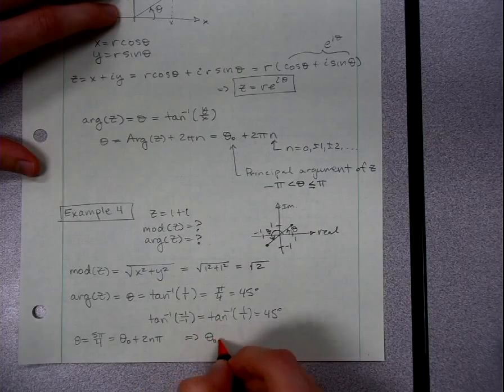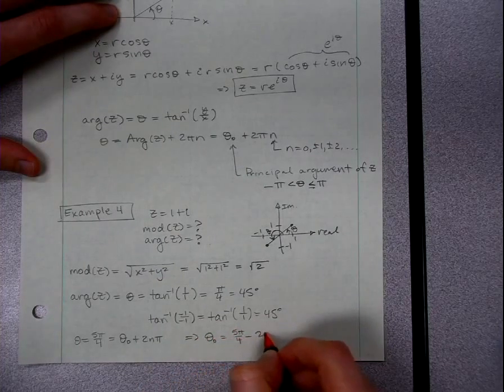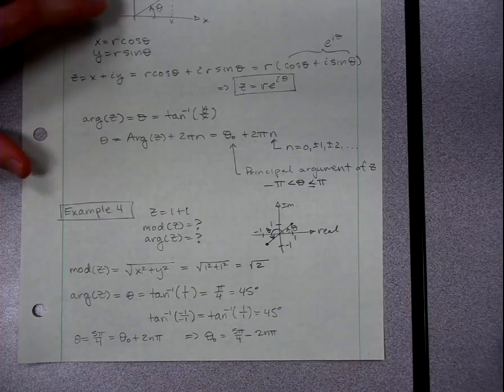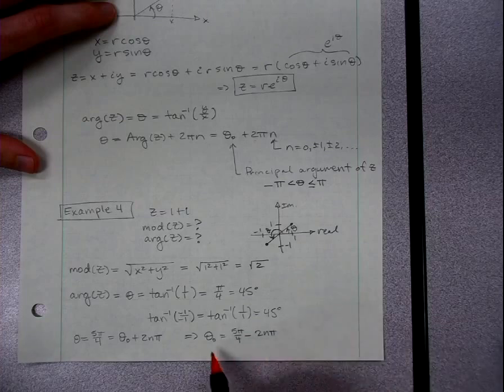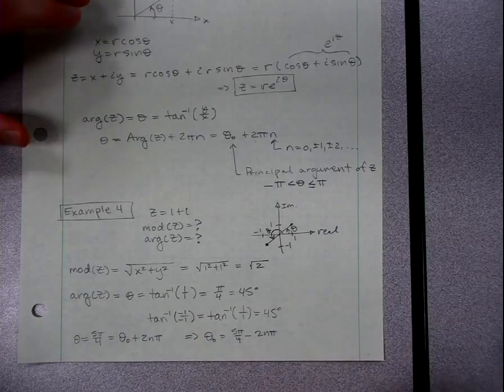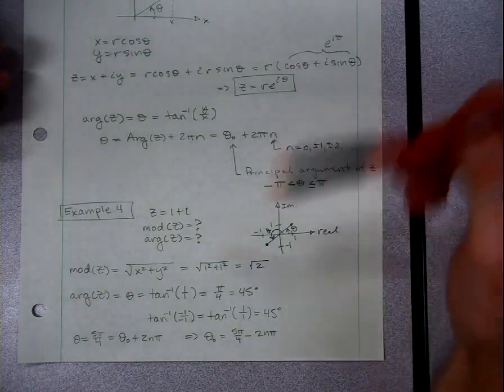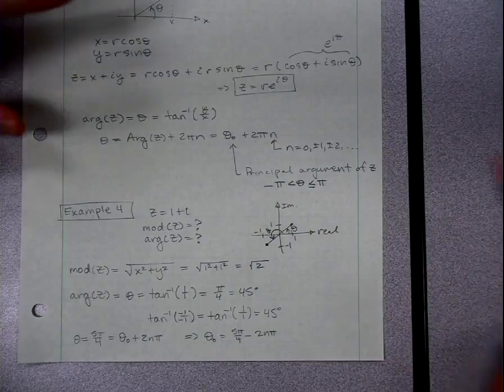Theta naught equals 5 pi over 4 minus 2 n pi. Now this should give us values for what the principal angle is, and of course it's 2 pi n because every 2 pi it just repeats itself.